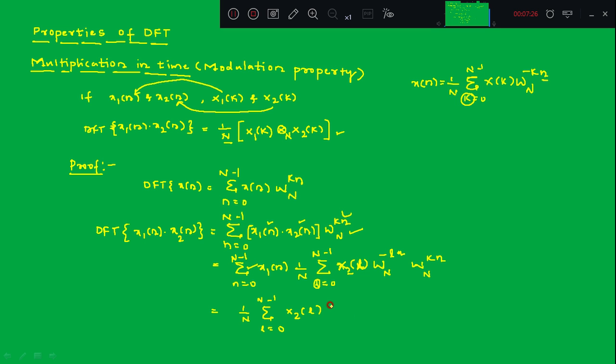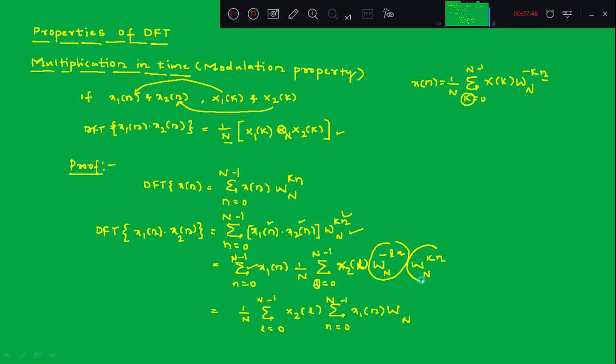I am just interchanging the position of summations. Next n is equal to 0 to n minus 1, and this x1 of n, and then this W_N, I will combine both these functions.